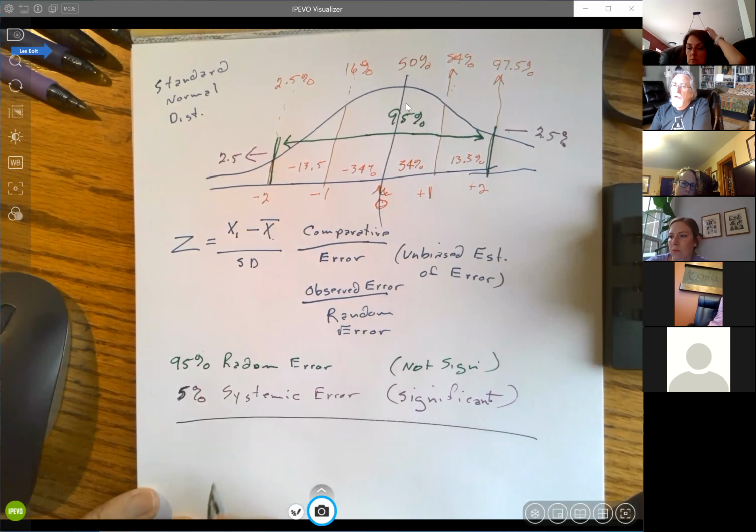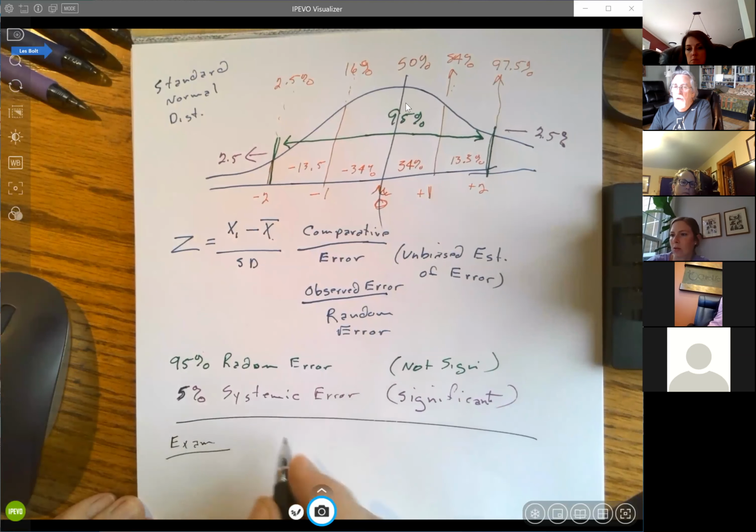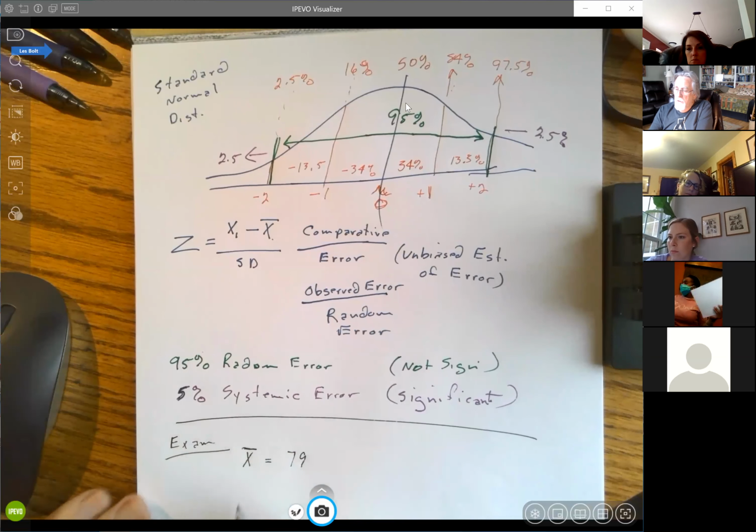Let's talk about a particular scenario. Let's say we gave an exam, and for that exam, the average score was 79. And the standard deviation for that exam was 5.